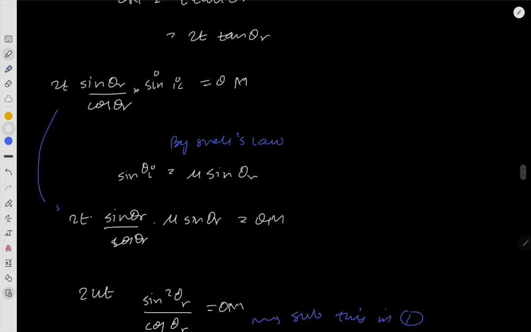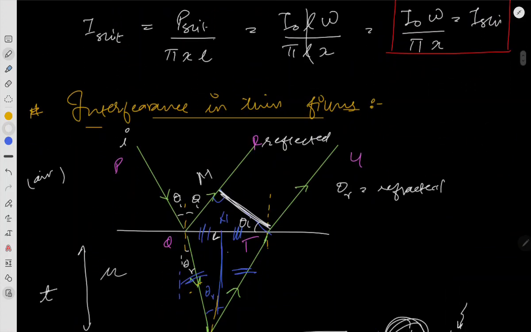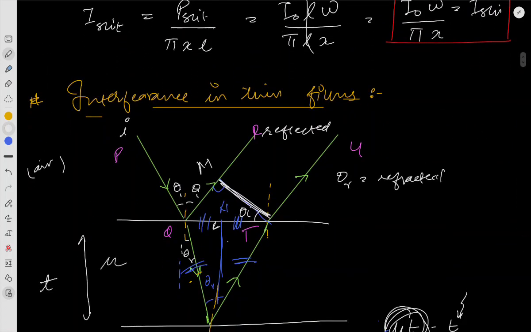But this is not the end of it. As we have learned in waves, if a wave goes from the medium of rarer density to denser density, then there's a shift in the wave. If the ray is reflected, then the ray is rotated by 180 degrees, that is by pi.